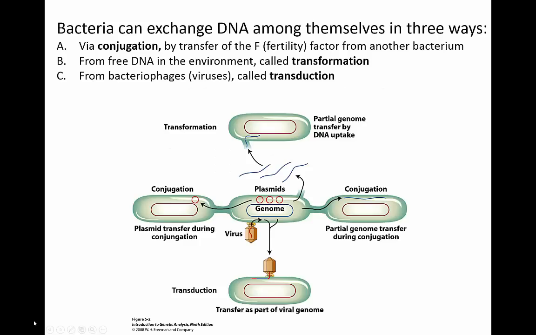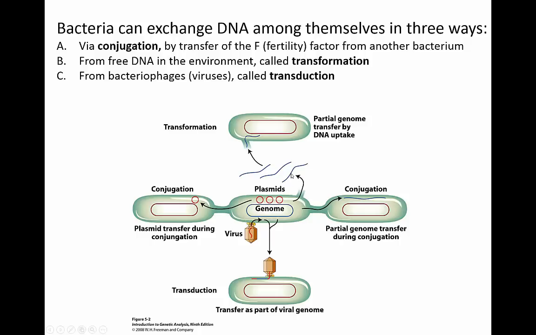Okay, in this chapter, we are going to focus on three main ways that bacteria can exchange DNA among themselves. Those three ways are conjugation, transformation, and transduction. This video will include only conjugation. To briefly summarize these three ways, conjugation uses a mating connection called a pilus to transfer a plasmid from one cell to another.